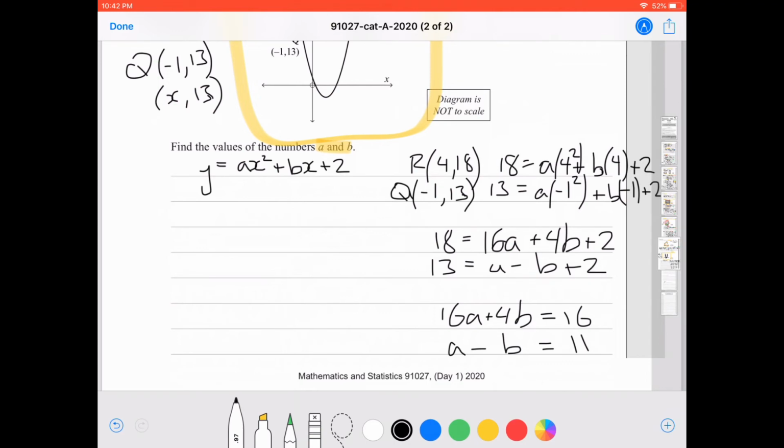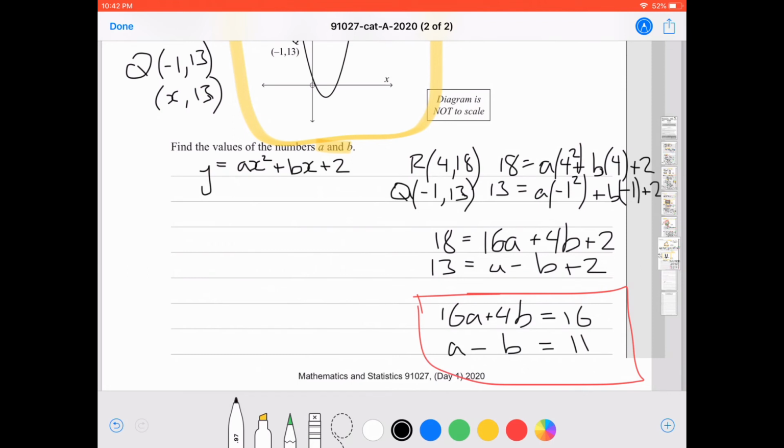Okay, so we've got these two equations, and we want to find the values of a and b, and we'll do that by solving simultaneously. There are two ways you can solve simultaneous equations: the elimination method or the substitution method.